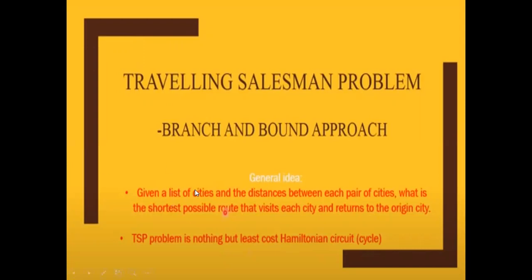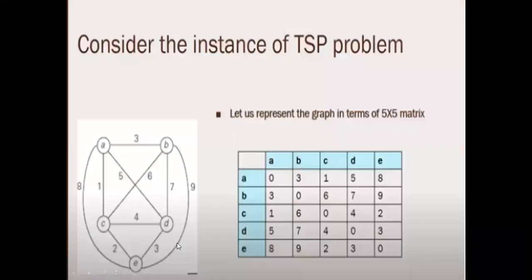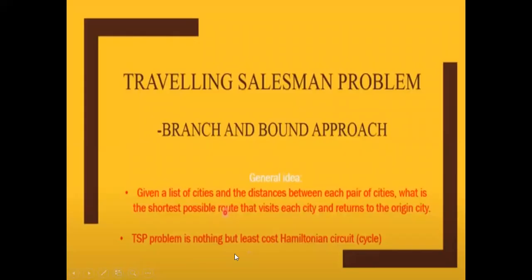Given a list of n number of cities, the distance between each pair of cities is also given. You need to identify the shortest possible route, correct? Because the traveling cost should be less. So here, if you observe, the traveling salesman problem is simply nothing but a least cost Hamiltonian cycle. Correct? So the least cost Hamiltonian cycle itself represents the traveling salesman problem.